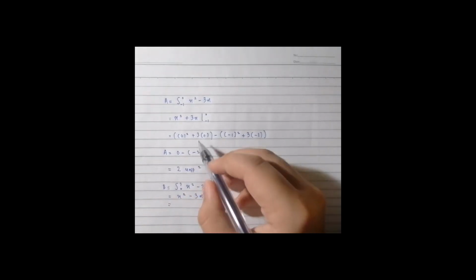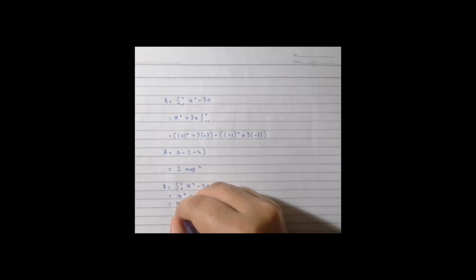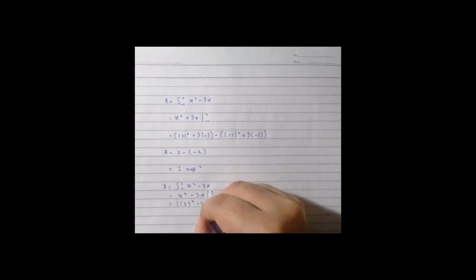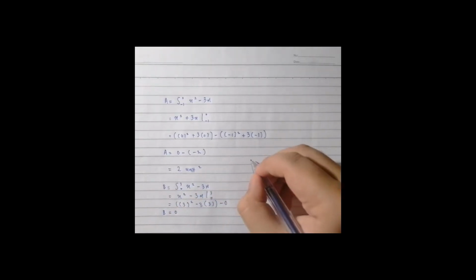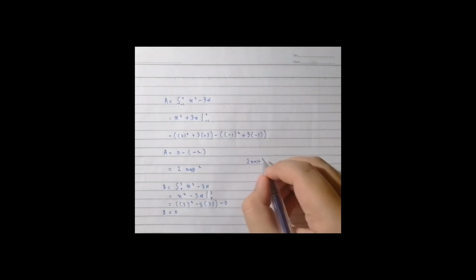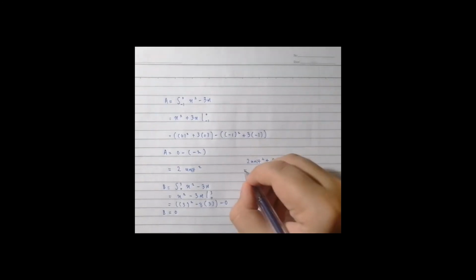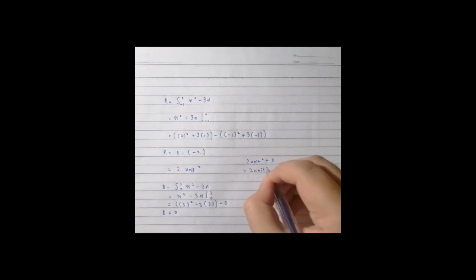Same thing will happen as how it happens in A. You'll be putting the 3 and 0 inside the x, the variable. And then you'll get the answer 0. So A plus B, 2 units square plus 0 equals to 2 units square. So this is the final answer.